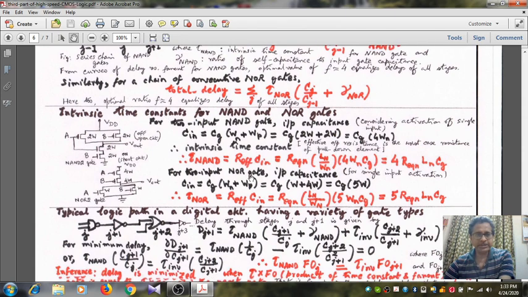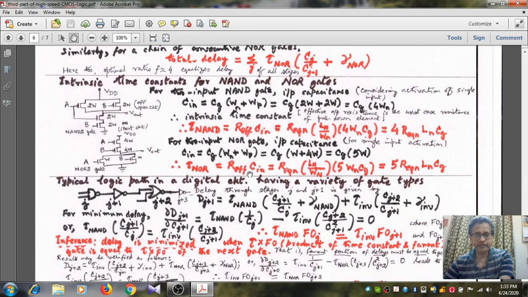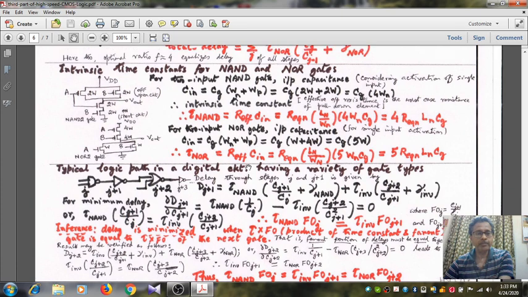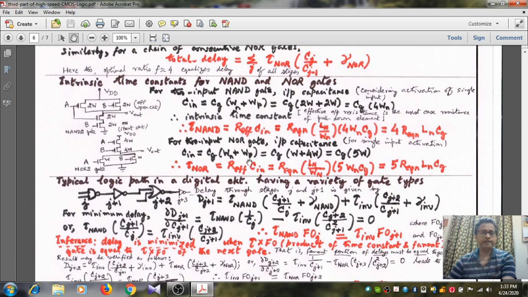For a 2 input NAND gate, please recall that you have got two NMOS transistors in series in the pull down path, each having size 2W, whereas in the pull up path you have two PMOS transistors in parallel or shunt, each having the size 2W.